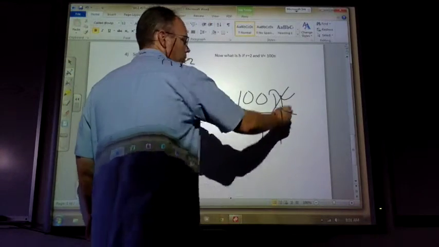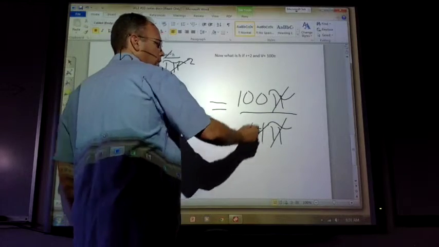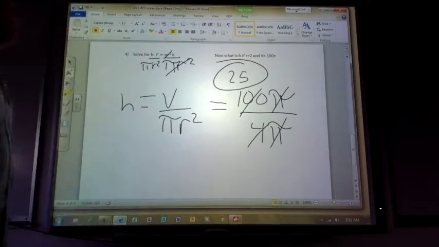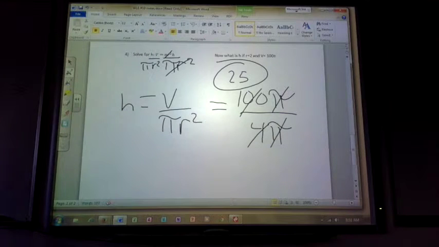Reduce, the pi's cancel. 4 goes into 100, 25 times. So h happens to be 25. So you have a cylinder with a height of 25.